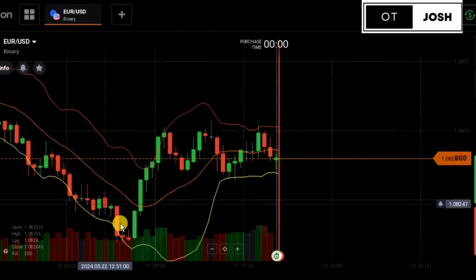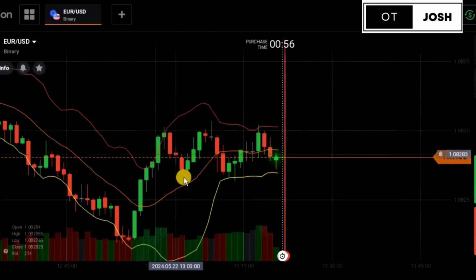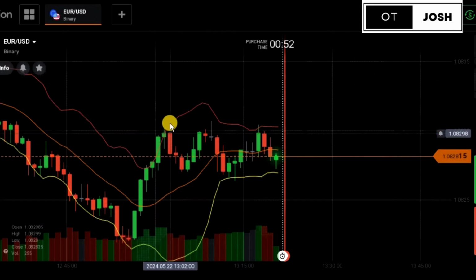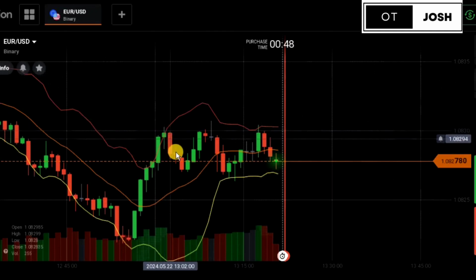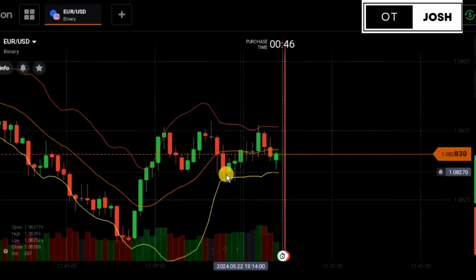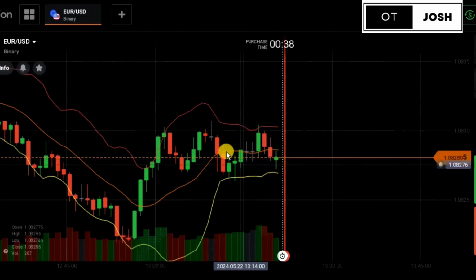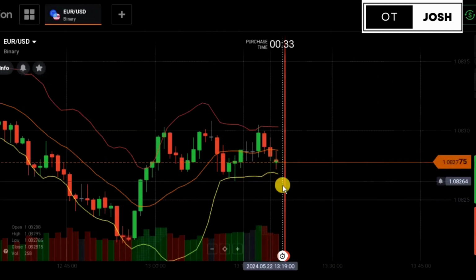For instance, after this price went up here outside the band, it reversed to the middle Bollinger Band. It may not be touching it, because in trading nothing is 100% accurate, but this is the idea. And when it came back here, you can see this wick came back, went outside, and then went back again. So this is what the Bollinger Band is, and this is the setting.